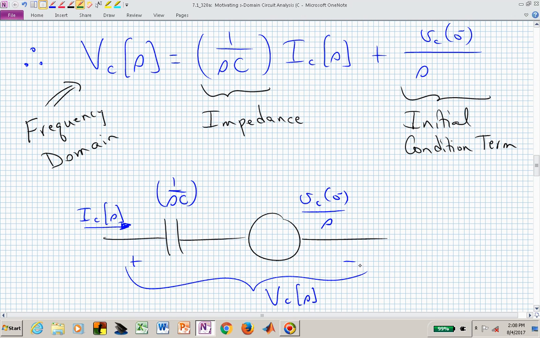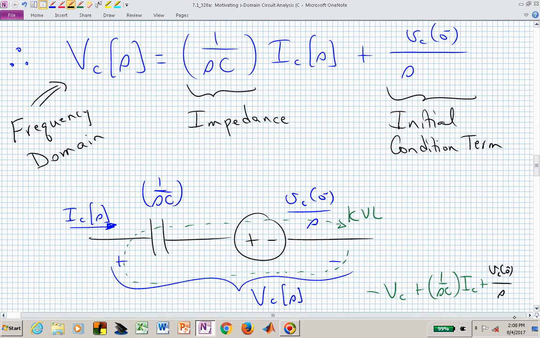KVL, let's say that we start here at this negative value of our capacitor's voltage expression, and then go this way, all the way back, and this is now our KVL relationship. Now we have minus V sub c plus 1 over sc I sub c, and then if we have this polarity as plus minus, we would have plus V sub c of 0 minus over s, that equaling 0, and in fact that is consistent with the blue equation up above.